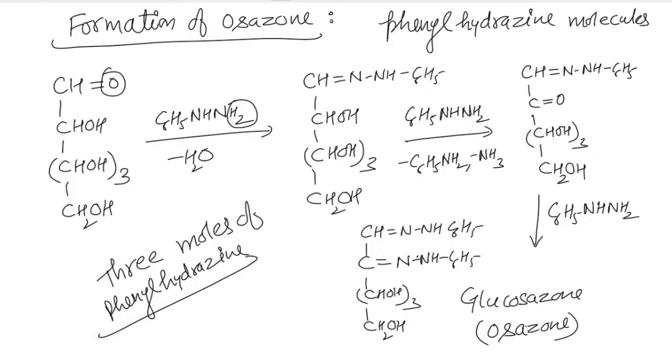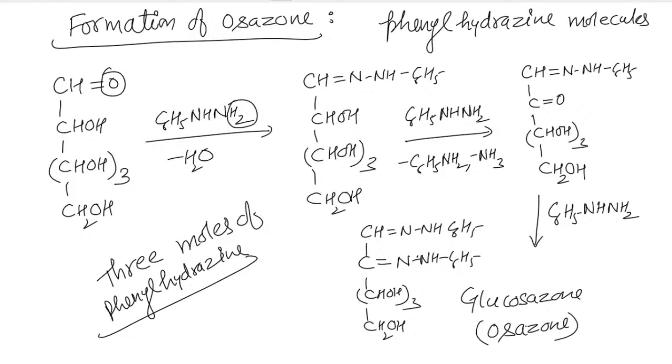Okay. First mole reacts in the usual manner, like the aldehyde. Second mole oxidizes the secondary alcoholic group at C2, and third mole reacts with the keto group to form the osazone.